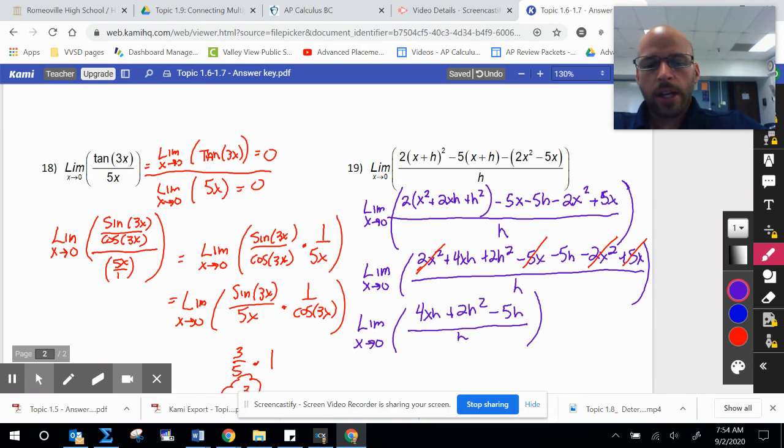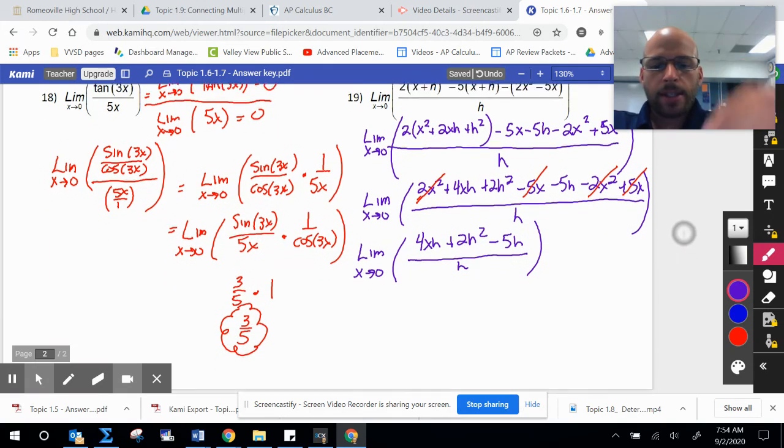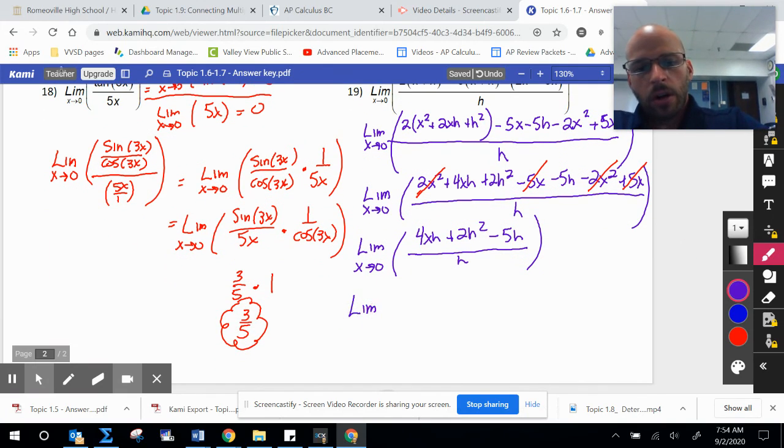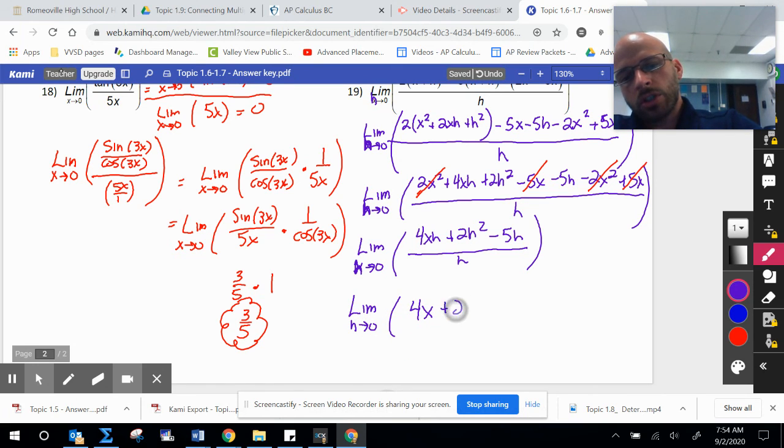Now, if you factor out an h from the top and cancel it with the bottom, we are ultimately left with, sorry, these should have been h's. Remember, we wanted to change that typo. I'm going to be left with a 4x plus 2h minus 5.